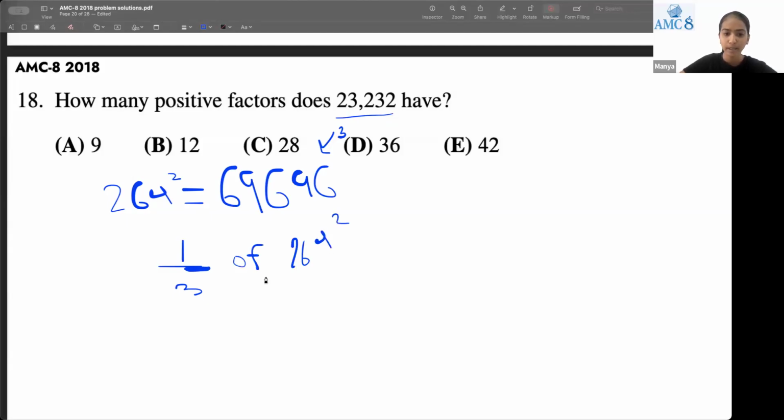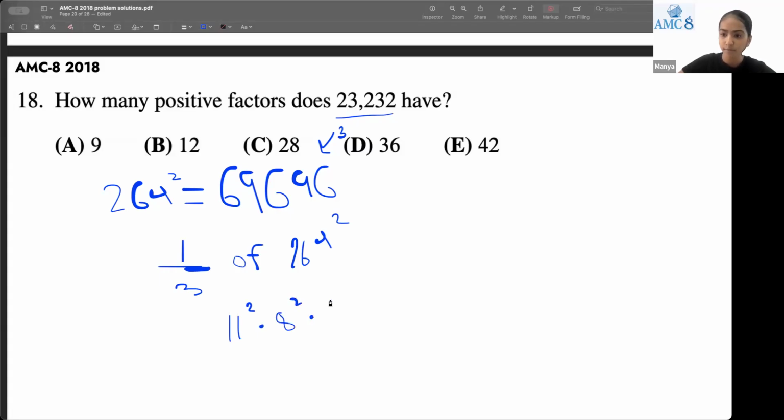And then the prime factorization of 69,696 would be equal to 11 squared times 8 squared times 3.